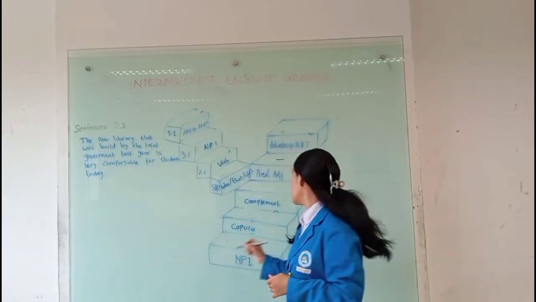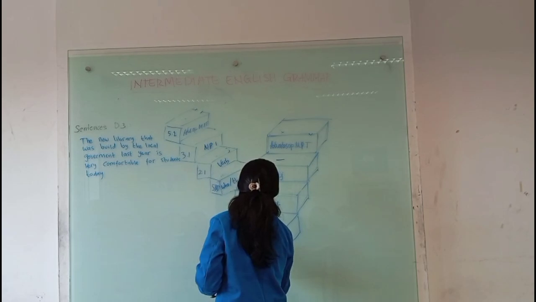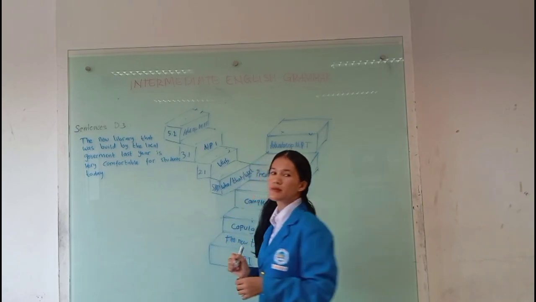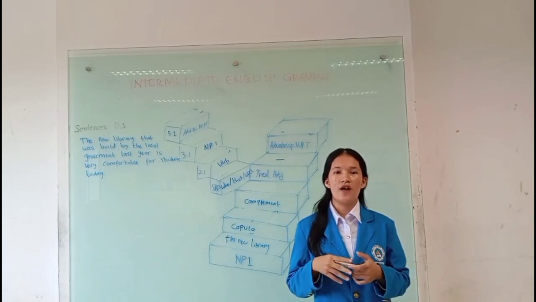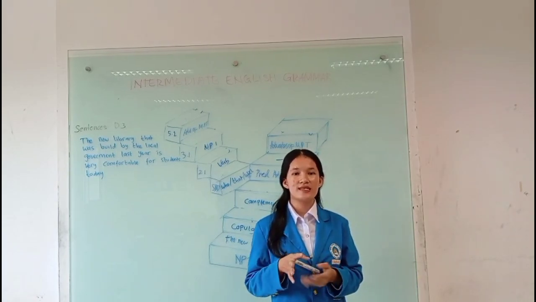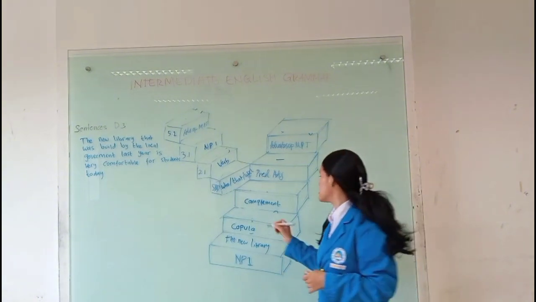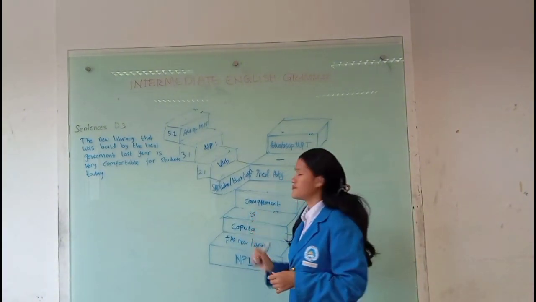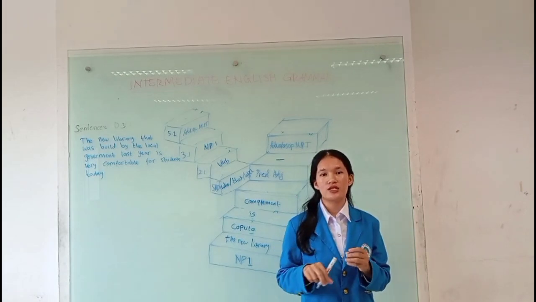It is the new library. This is the subject of the sentence. The second stair is the copula. A copula links the subject with its complement.